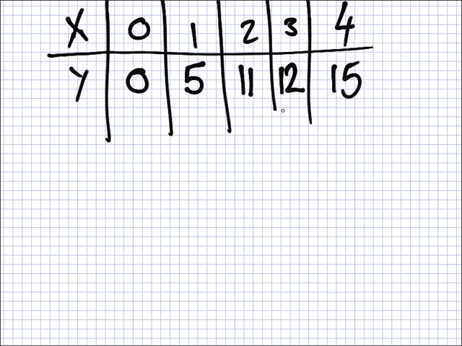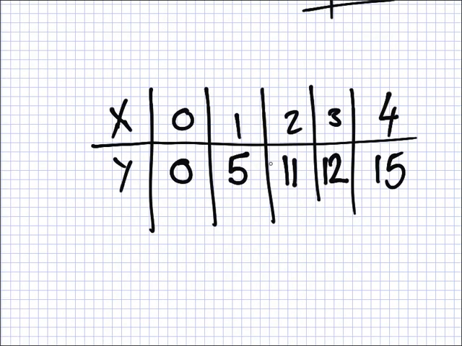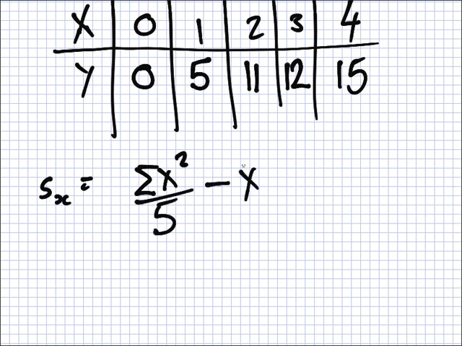Did you write down this formula here? Small sx, that is the sum of x squared over 5, minus the average squared, and then the square root of that.